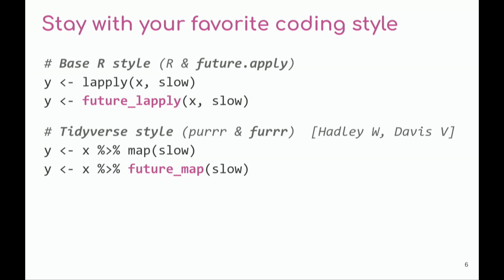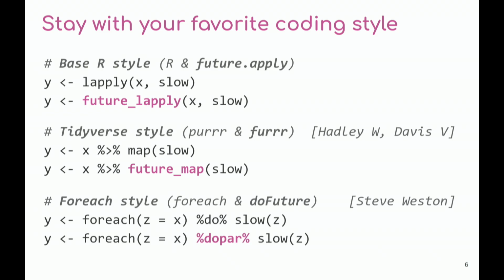And if you like foreach, or you want to use that API style, there is the doFuture adapter to foreach, which brings you all of the future framework and options into the foreach framework. So you can stick with whatever you like here. And other people will invent other APIs for this too, in the future, so to speak.